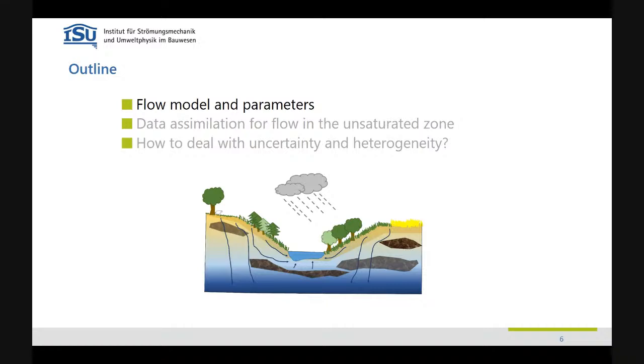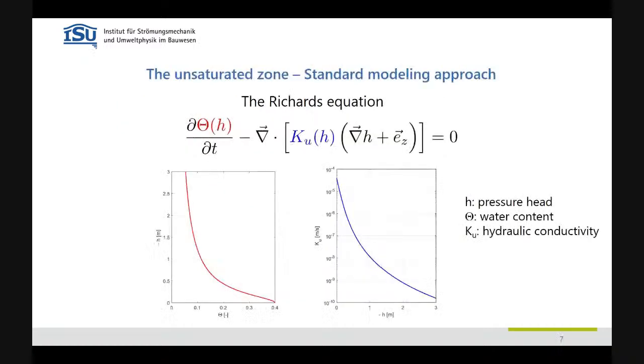So the standard model to describe flow in the unsaturated zone is the Richards equation. Again, I guess this is known. This is what you would get if you have a two-phase flow model, because we have two-phase flow, water and air. If you say one of the fluids is infinitely mobile, so the viscosity is zero, this is what you would get. So this is the Richards equation. It's a mass balance.